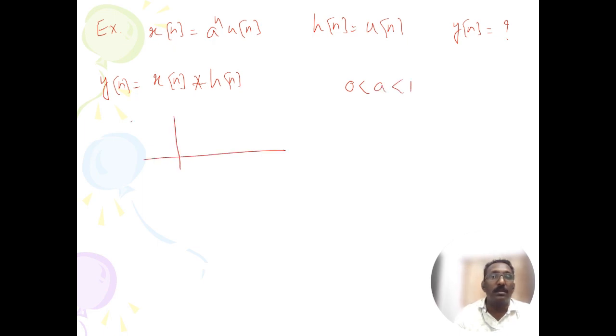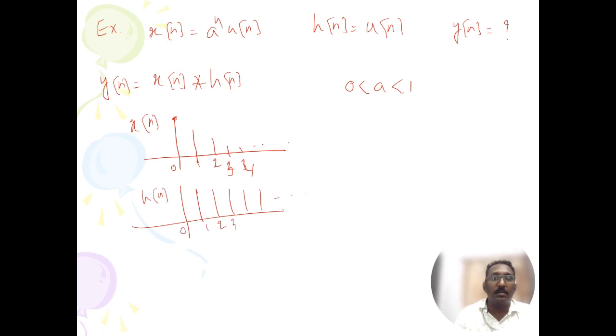Here h of n is the unit step function. This is our sequence, so from this we have to calculate x of k, for 0, 1, 2, 3.